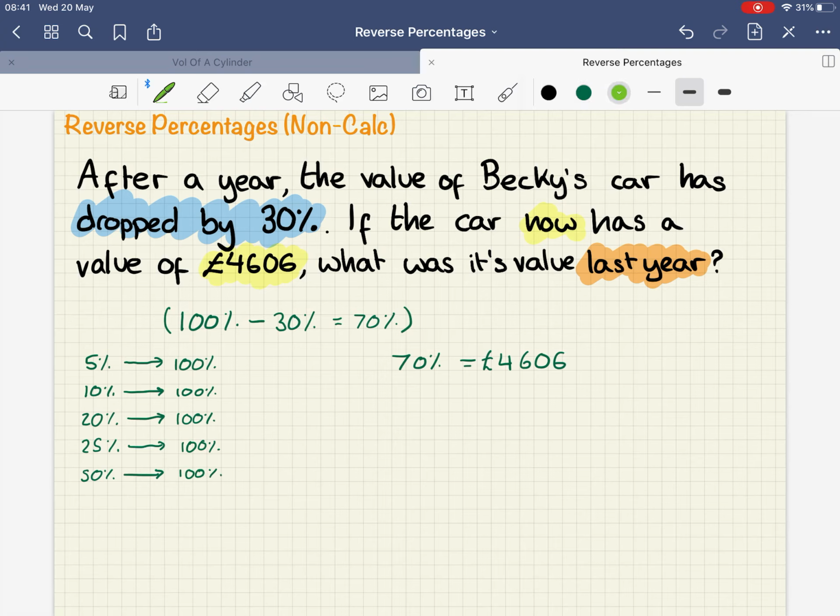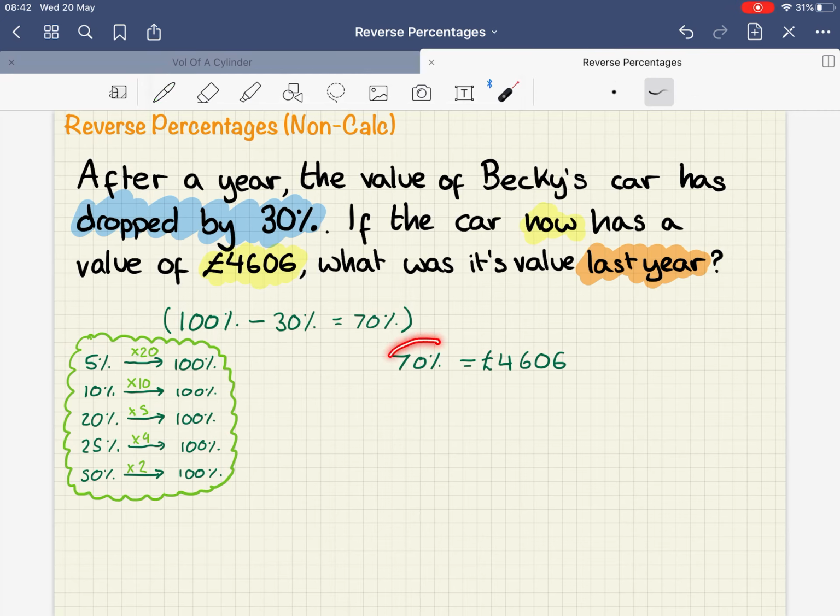To do that, I multiply 5 by 20 to get to 100, I multiply 10 by 10, 20 by 5, 25 by 4, and 50 by 2. So these percentages are going to help me out massively with the non-calculator, because as long as I can get down to one of them, I can then return back up to 100% really nice and easily.